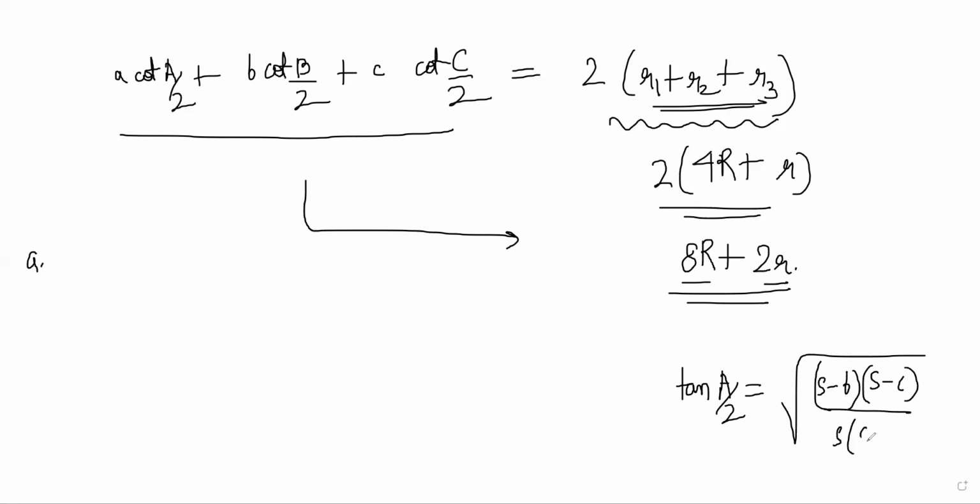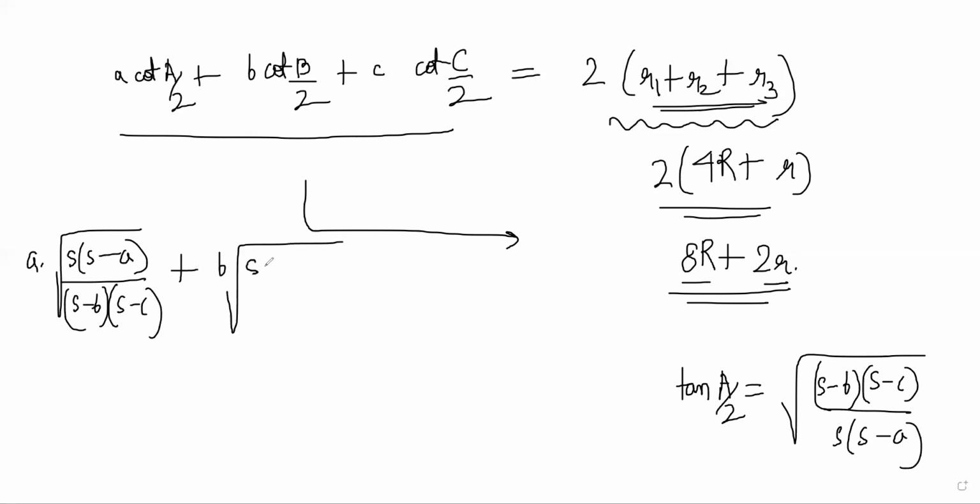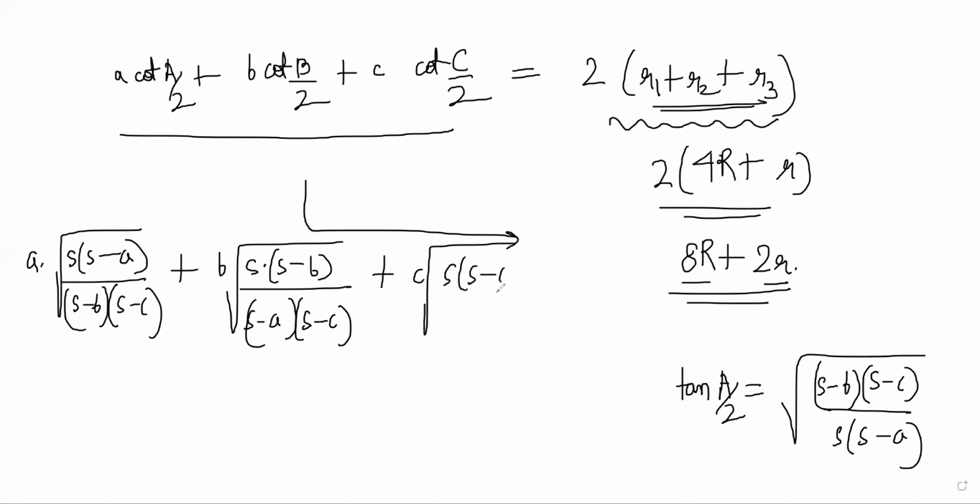So cot A/2 will be root over S(S minus A) by (S minus B)(S minus C), plus B root over (S minus B) by (S minus A)(S minus C), plus C root over (S minus C) by (S minus A)(S minus B).